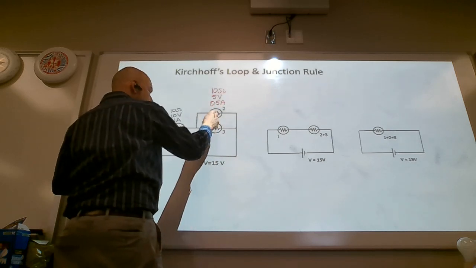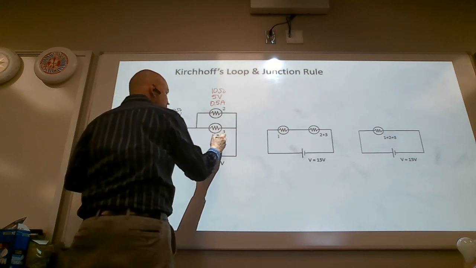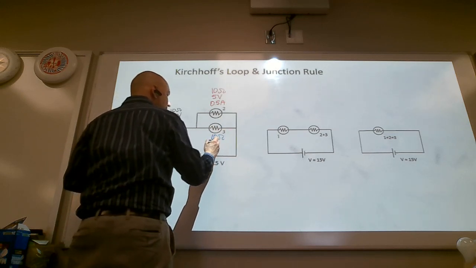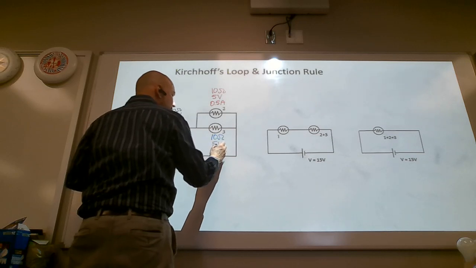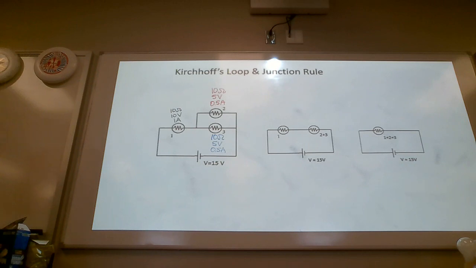This one, because it is identical and in parallel, had 10 ohms, 5 volts, and 0.5 amps. That's all the data. We already calculated all that. What I'm going to do as proof of concept is Kirchhoff's loop rule and Kirchhoff's junction rule.